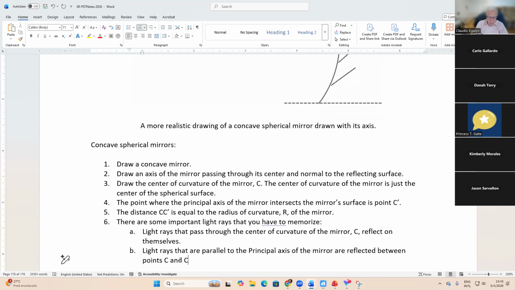Special case, which by the way is very important. It's a special case, but it's very important.